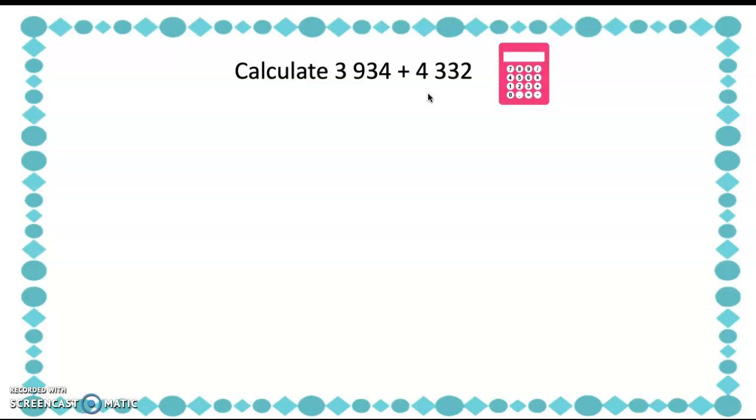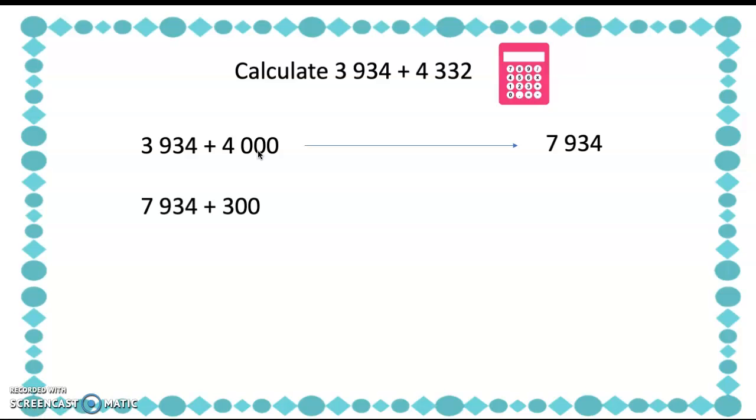Here are your answers. You have the first place value, you're adding 4,000, which gives you 7,934. Then we're going to add the next place value to this number that we already have. I bet you guys are doing great so far as checking your answers.